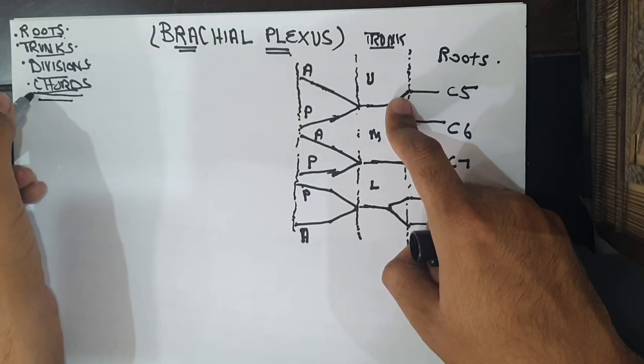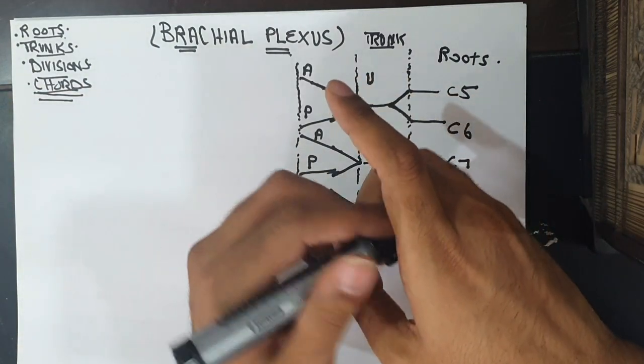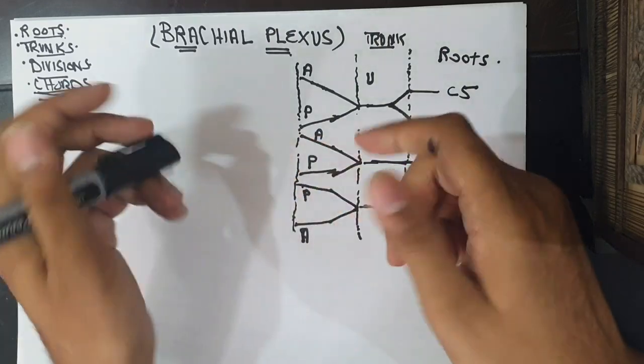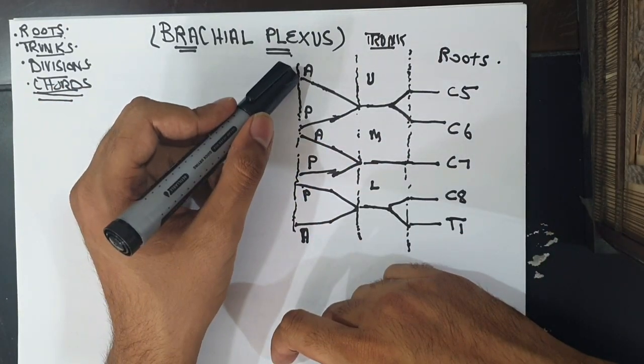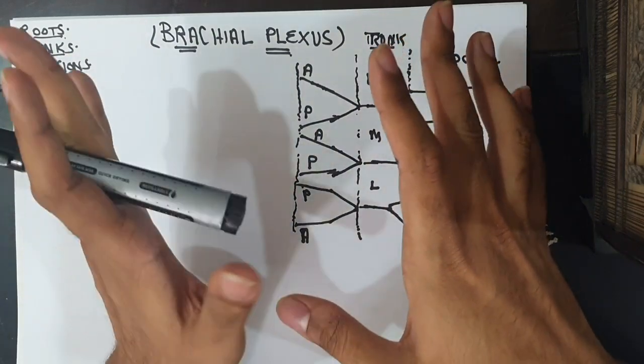Now moving on to the last part, which is the cords. Here the things get a bit complex, and you have to be vigilant about what I'm going to draw here.